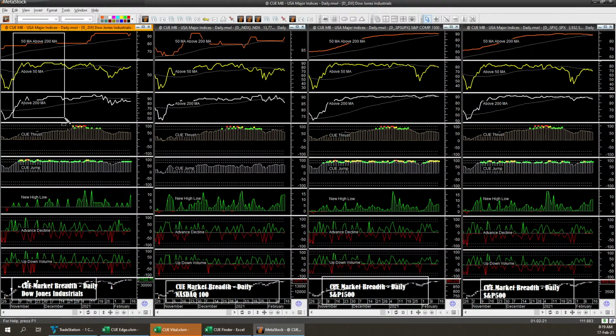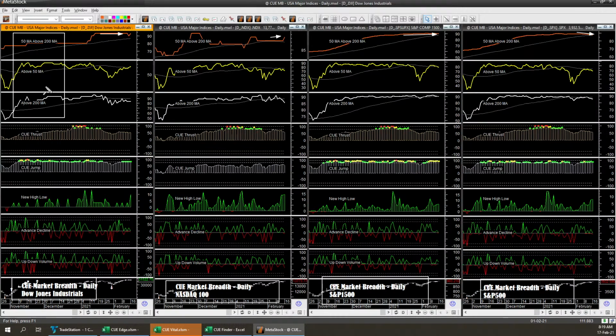For the daily interval, I'm focusing on the percentage MA calculations. For Dow Jones, percentage of stocks where 50 MA above 200 MA is remaining bullish above the average line, which is the white thin line. The same is true for Nasdaq 100, S&P 1500 also. S&P 500 just about to roll over.